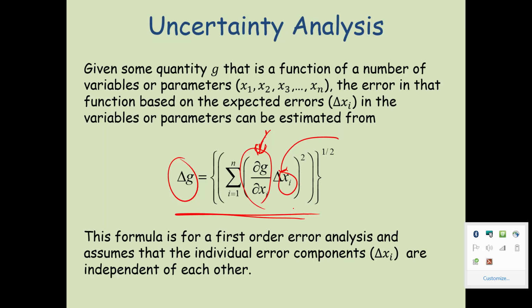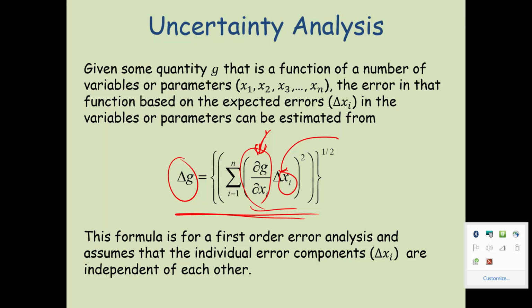So we can take each of those quantities, take the square of it, then sum all those up and take the square root, and that gives us the error or the uncertainty in the output of the function that we're interested in.